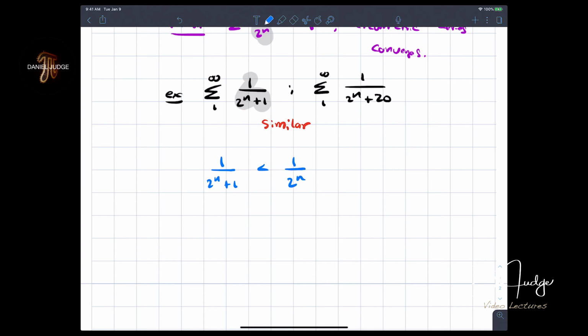Now, you say, how do we know that this is actually smaller? Well, because look at the denominator here, right? 2n plus 1 is actually bigger than 2n for all n. You see, what we know is this thing is actually bigger than this for all n.